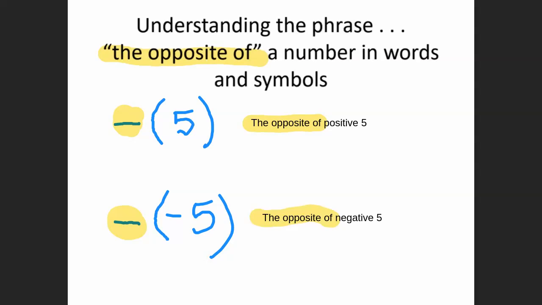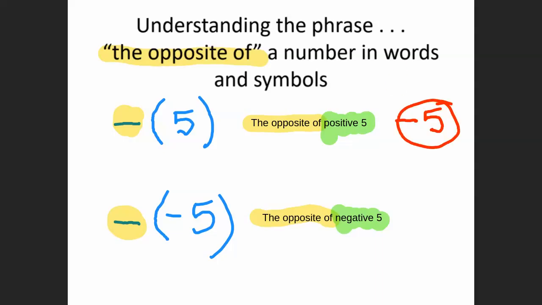That's what it means verbally. Now, what's inside of the parentheses, positive 5 and negative 5, is written. Okay? So if you are asked the opposite of positive 5, the answer is going to be a negative 5. So the answer is negative 5.